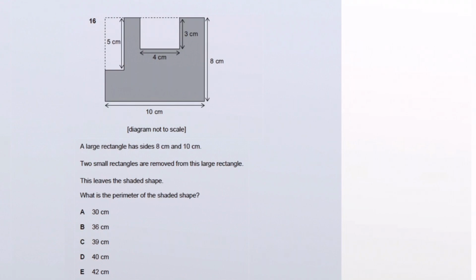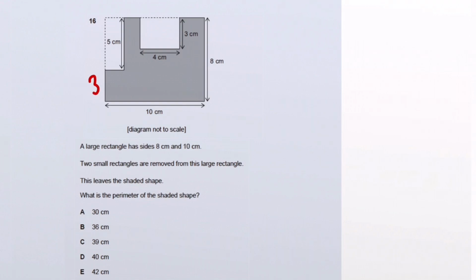So what students can do first is to identify the missing dimensions. So for example, here, and the missing sides here. Firstly, for this side, we know that the missing piece here is 5 centimeters and the overall length is 8. So we can do 8 minus 5, which is 3.